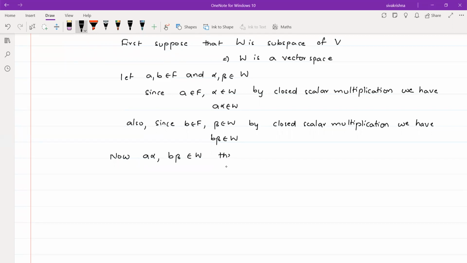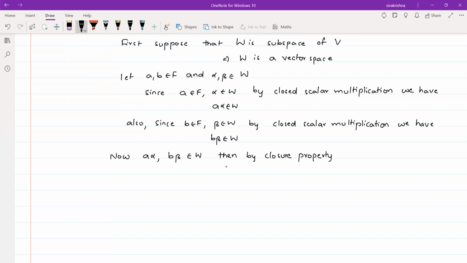Then by closure property, now I am using closure property. Since W is a vector space, the first condition in the vector space definition is abelian group. In an abelian group, we have 5 conditions. The first one is closure property. So what is closure property? If you have any two elements in that particular set, then the sum of those two elements should also belong to the same set. That is closure property.